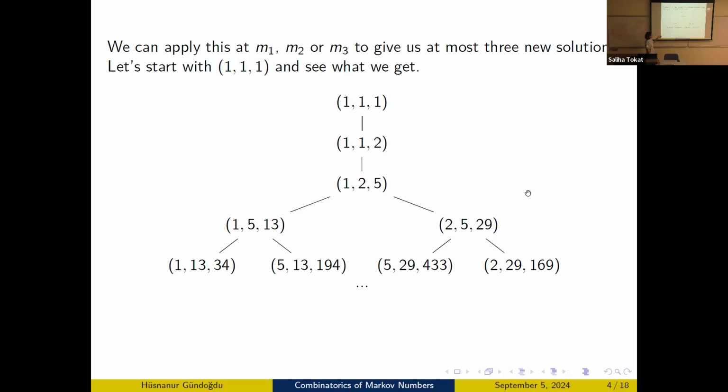Apply this algorithm for 1, 1, 1, we get 1, 1, 2. If we apply the algorithm for 1, 1, 2, we get 1, 1, 1 and 1, 2, 5. And if we apply the algorithm for 1, 2, 5, we get 3 new solutions. With these solutions, we can construct a binary tree that we call the Markov tree.